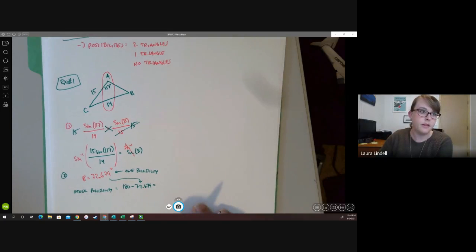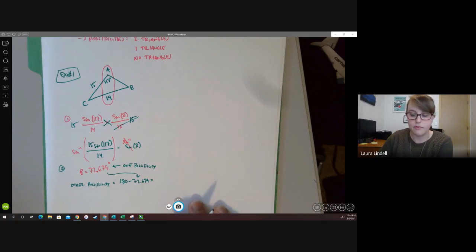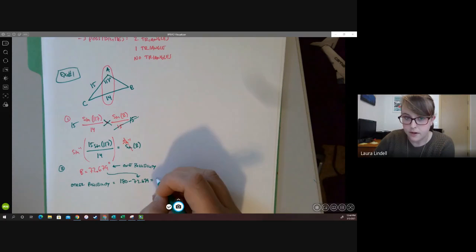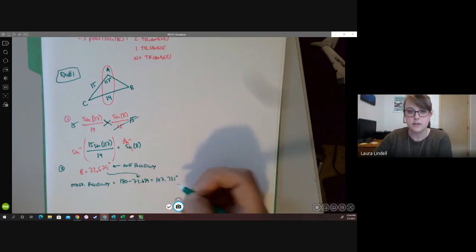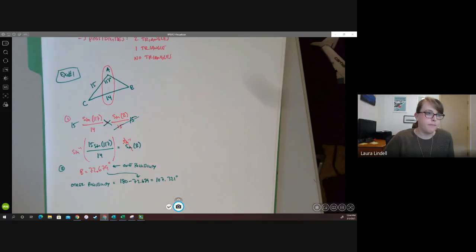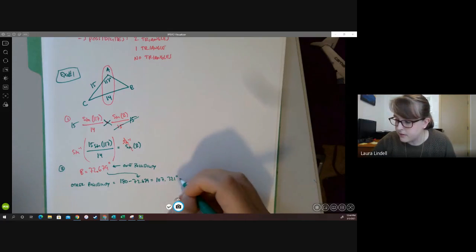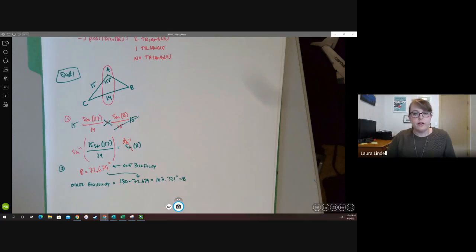So it could be the supplement of the angle that we found, which would give us 107.321 degrees. Okay, so now, amongst these two possibilities, we need to figure out if either of these work, if they both work, what the deal is.